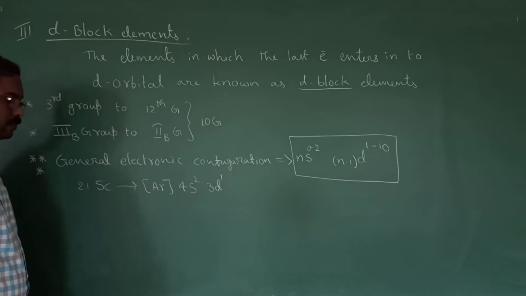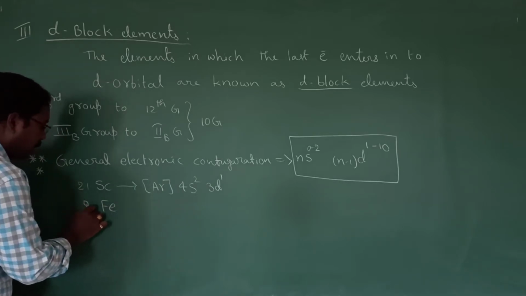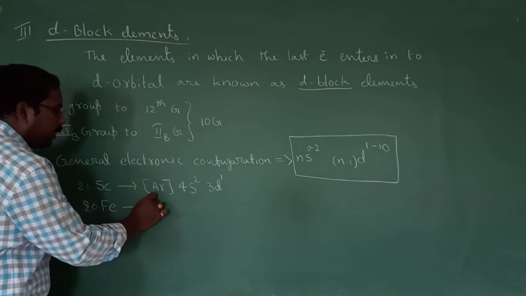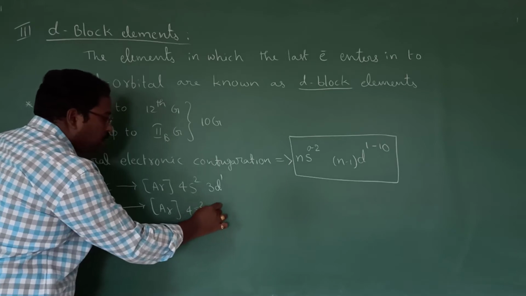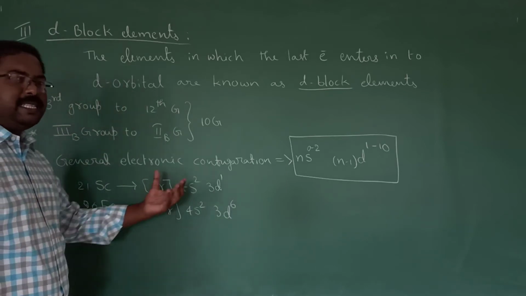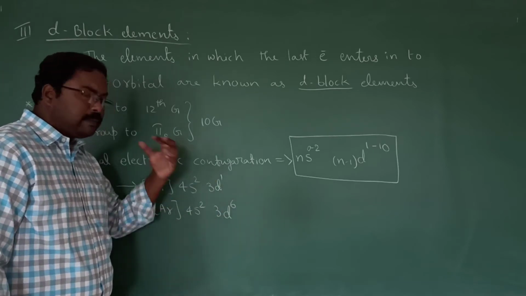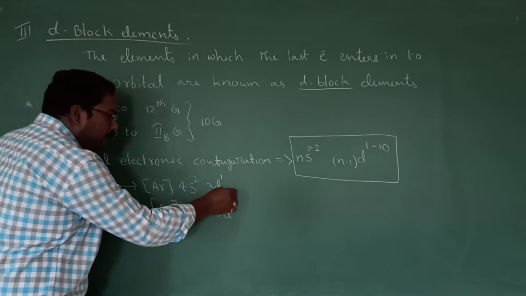Right? For iron, the 26th element, its configuration will be 4s2 3d6. The next elements have 3d7, 3d8, like that up to 3d10. Okay?